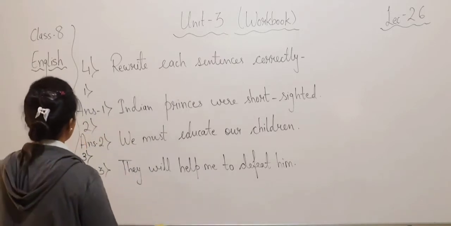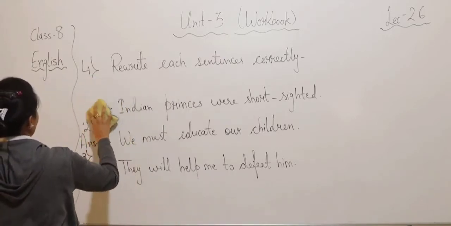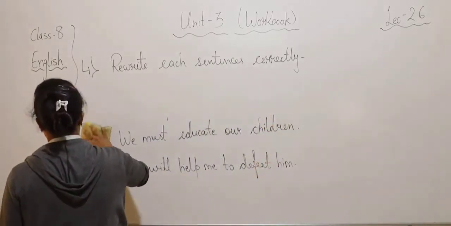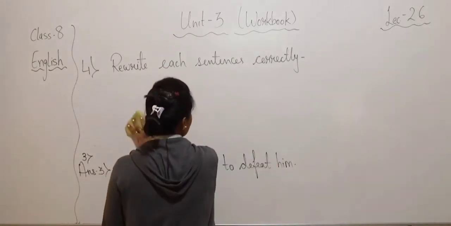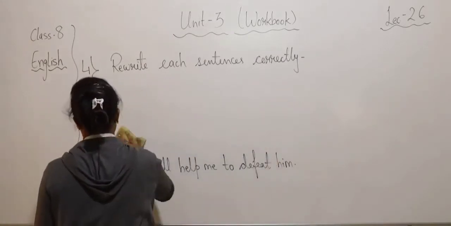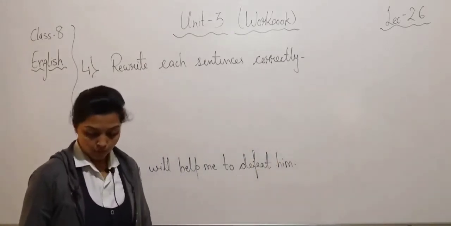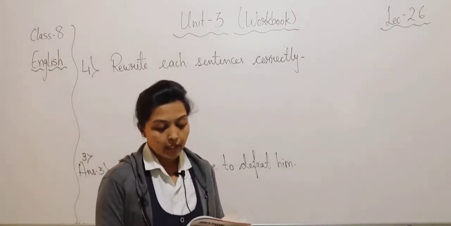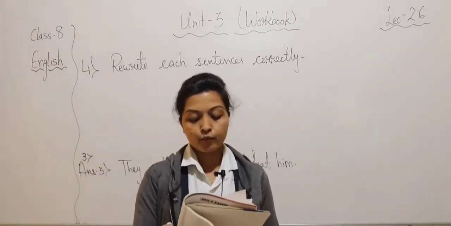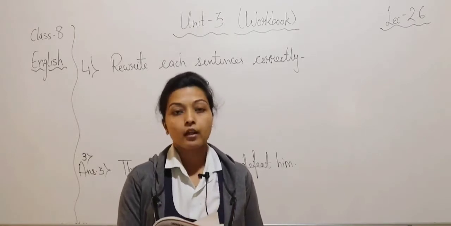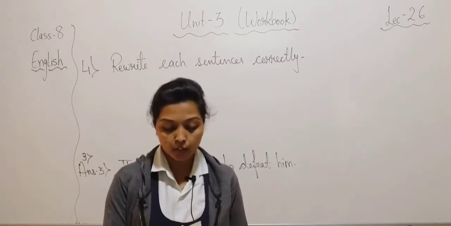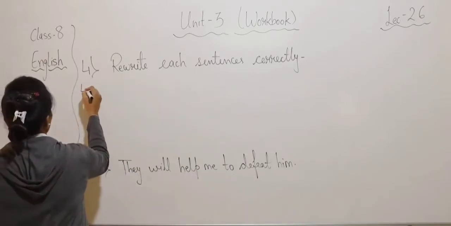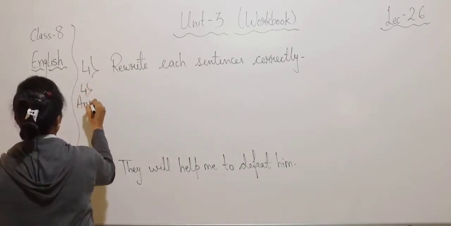Now, next, write down. Next it is given 4. There is a peaceful in the country now. Write down.